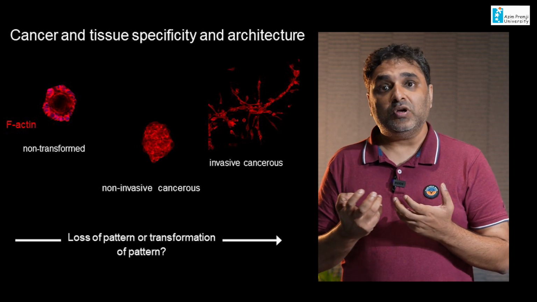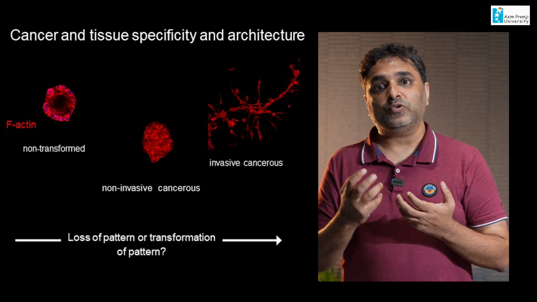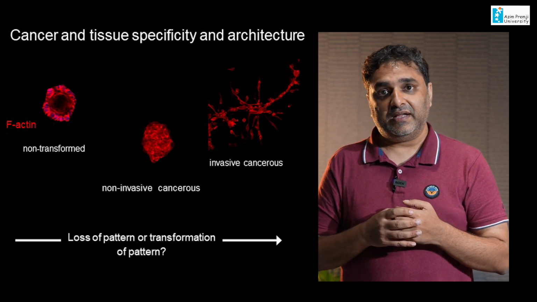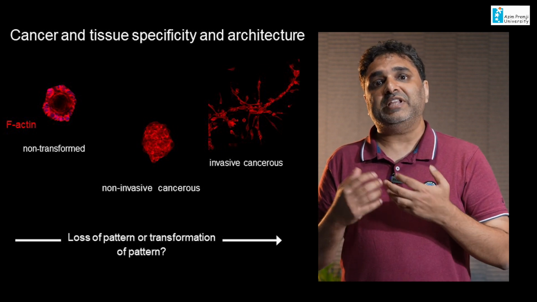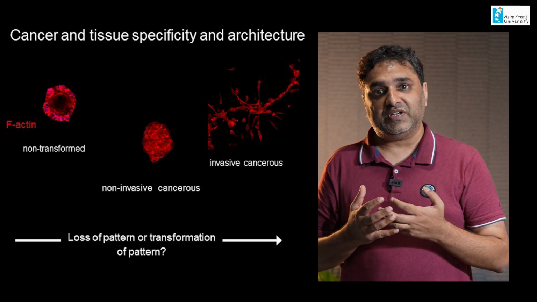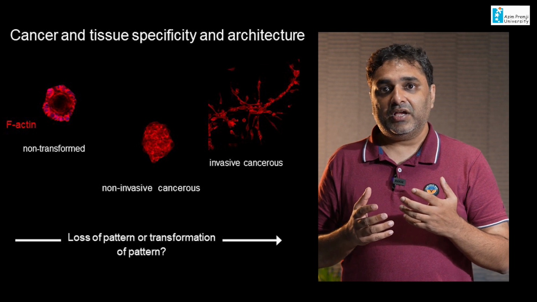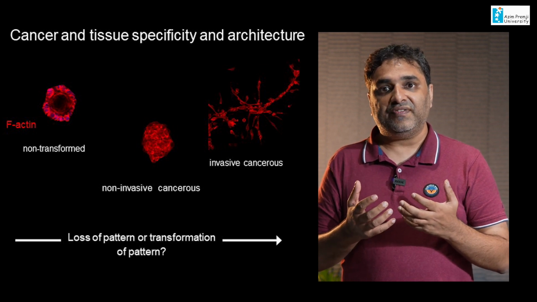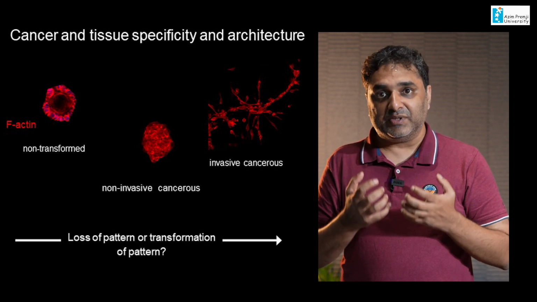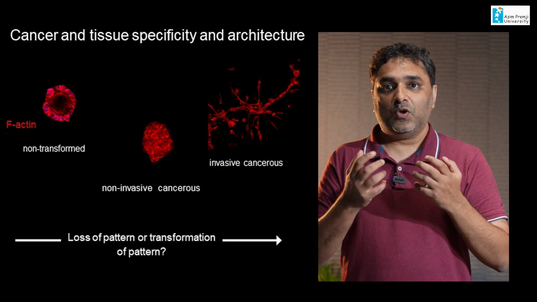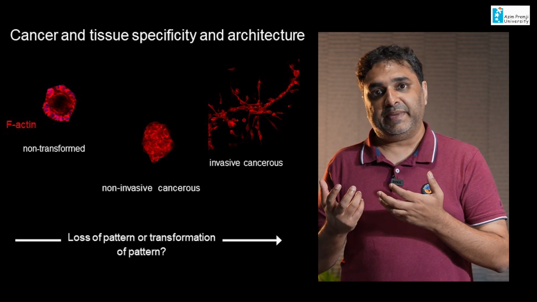There are also certain principles that go into understanding how they spread, how they branch out, how they move. Why do they move at a particular velocity? Do they move together or do they move as single cells? All of these also involve understanding a grammar of interactions of cells with themselves as well as with their matrix.